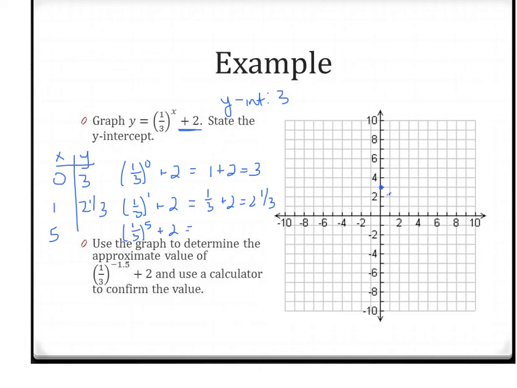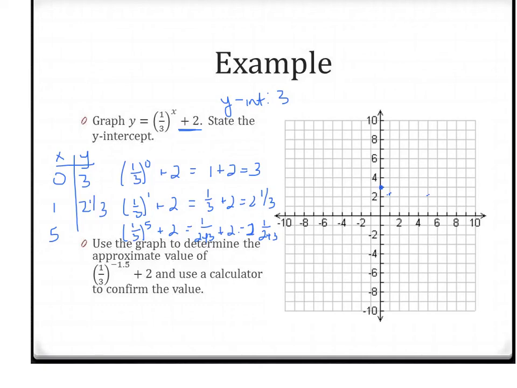About 1/3, I did 1/5. All right, so this is 1 over 243 plus 2, so this is going to be 2 and 1/243. Okay, you're getting really, really close, but you're not at 2.